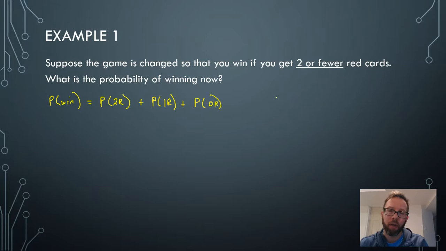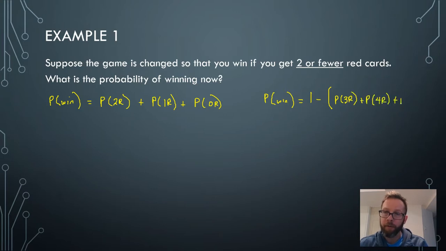I think there's one less calculation, because you could also do, you lose if you get 3, 4, or 5, right? So you could take 1 minus the probability of getting 3 red plus 4 red plus 5 red. Either one of these situations involves 3 hypergeometric calculations, but in this one, you would subtract from 1. But if the question was like 4 or fewer red cards, then certainly the indirect method would be faster. But here, let's do it this way.